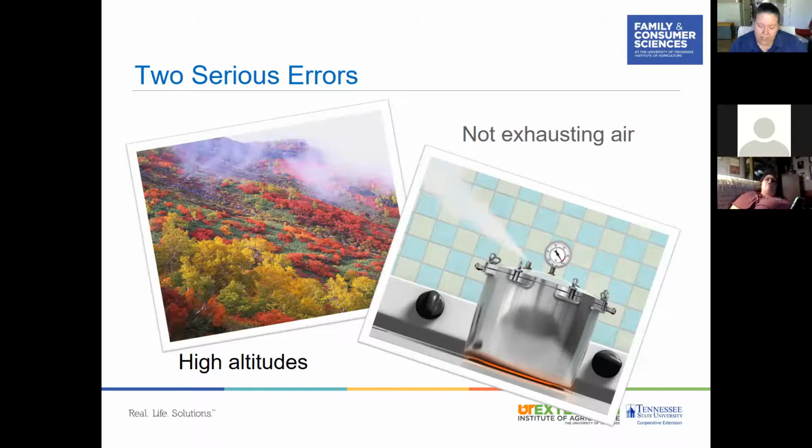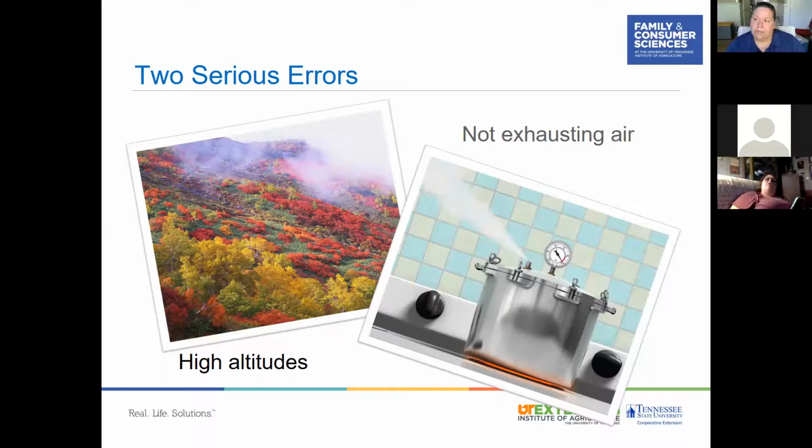One good way to check your altitude, a lot of people have smartphones now, so if you go into the compass app or something like that, it will actually tell you what the altitude is. I know for iPhones they do that. I can go into my compass and click on the altitude, and it will tell me my exact altitude for where I'm at.